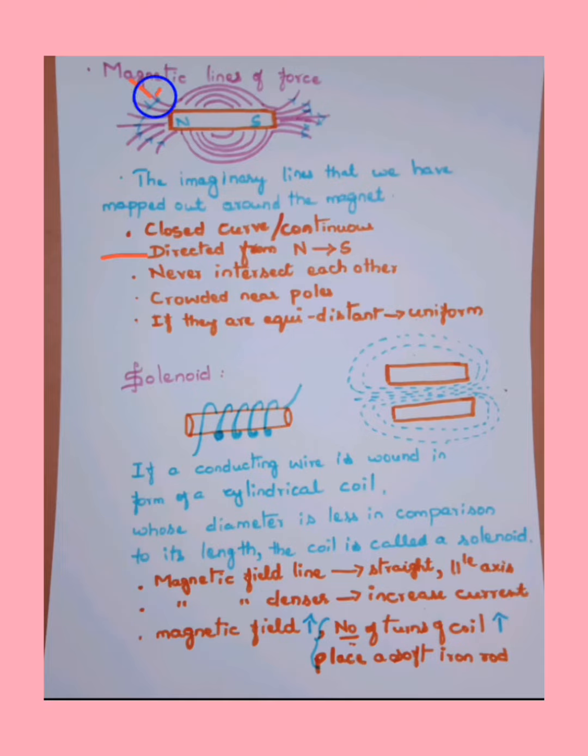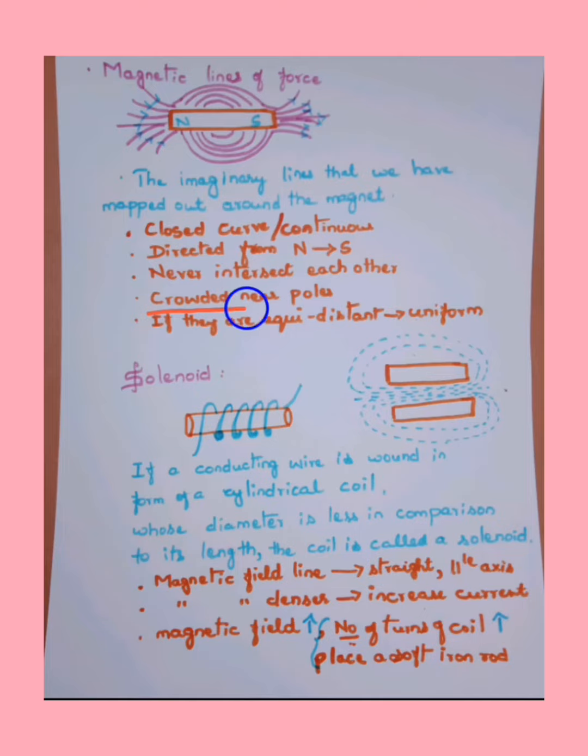Look at these arrow marks, they indicate that they are directed from north to south pole. Remember this. They never intersect each other. You will not see one magnetic field line crisscrossing another. No, they are beautifully formed without intersecting each other.